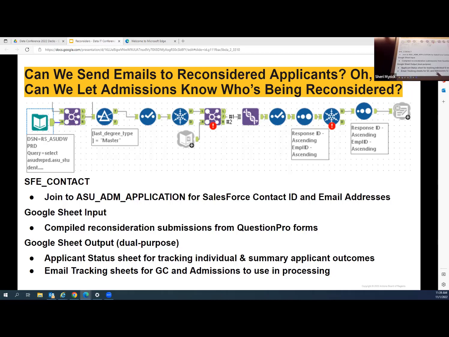That's a link back to that application table. At this point I was filtering for master, and you'll see there in the middle the little book with the plus, that's a join to the Google Sheet. So it's taking that cleaned up data from Question Pro and joining it against the data from the application table to show us some results from what happened with that reconsideration.